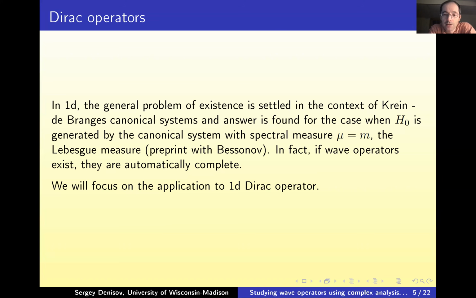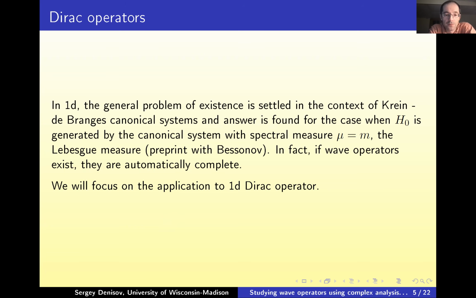Well, there are some technical difficulties because the whole Hilbert space depends on the choice of canonical system, and it depends on the choice of Hamiltonian. But there are ways to fix it, and ultimately you can completely understand the problem, and the problem of existence of wave operators has been settled.